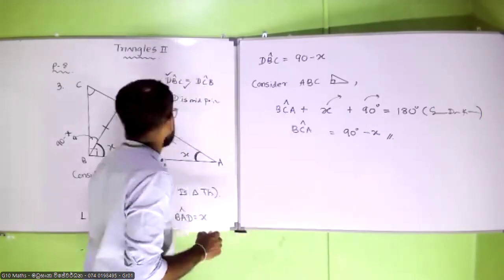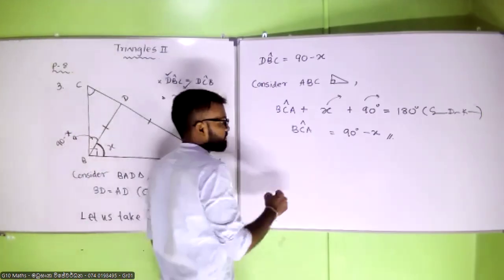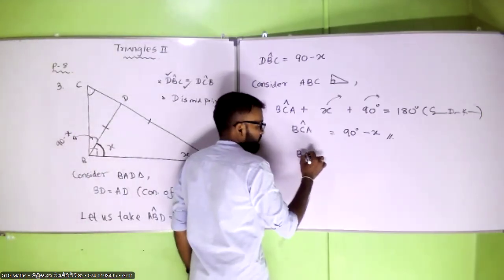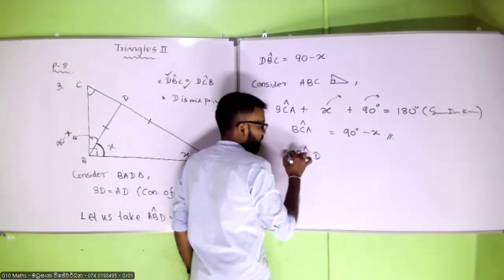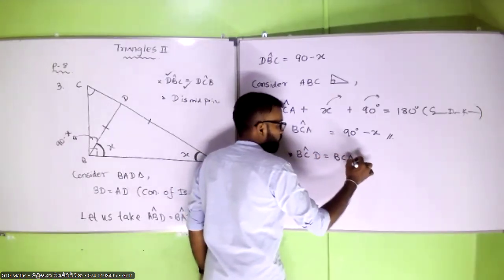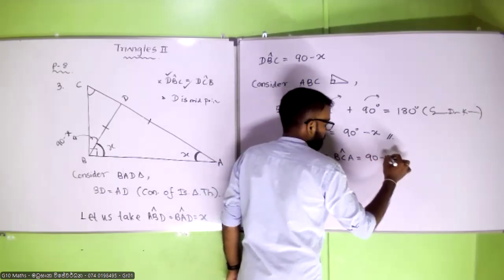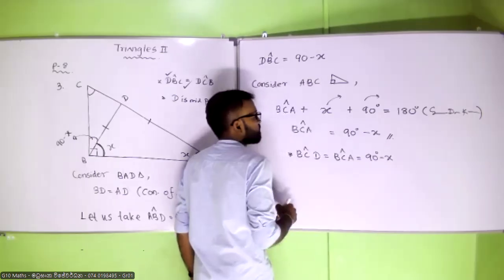But BCA refers to BCD. Angle BCD equals BCA, so you have to write that as equals 90 minus X. Same thing.